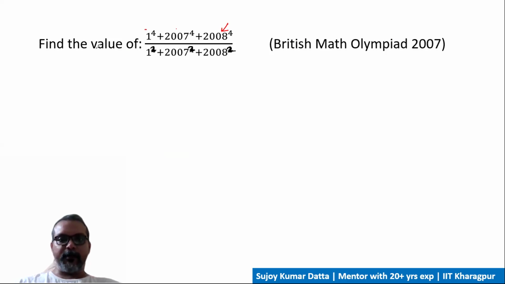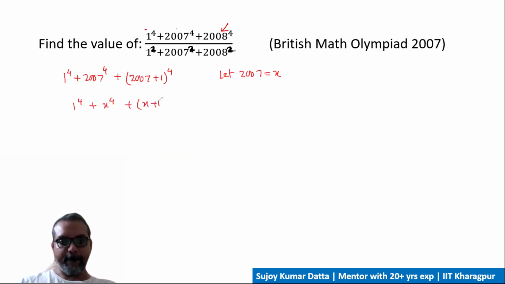So now, if you look at the numerator, we can basically write it like this. Now, to avoid writing 2007 every time, we can just assume x. So the question now is basically this divided by that.